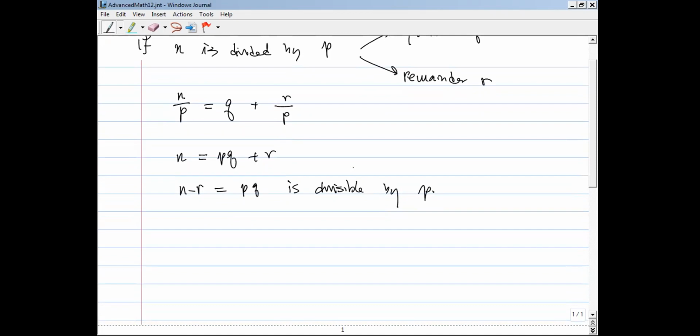Okay, so here's a question. We're going to start. A positive integer n divided by 5 has a remainder of 3. My question is, what is the remainder when twice the number, 2n, is divided by 5?